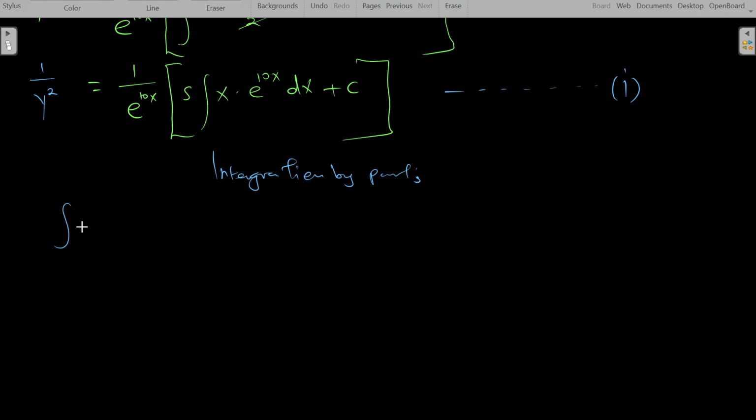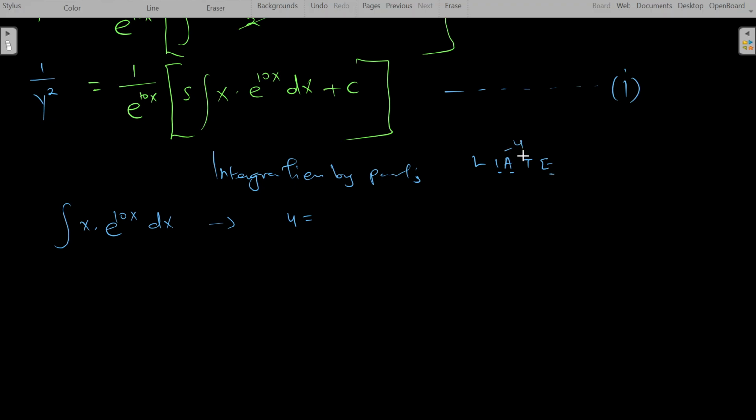So we're saying the integral of x multiplied by e raised to 10x dx. If I take this integration by parts, I write the formula LIATE: algebraic functions usually come in front of exponential functions.